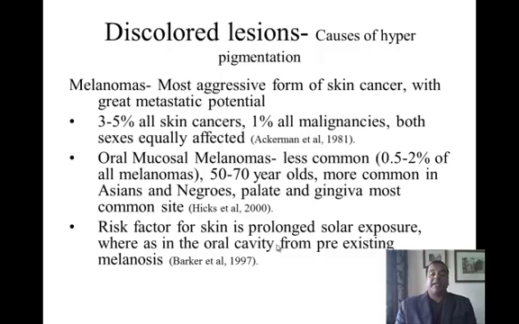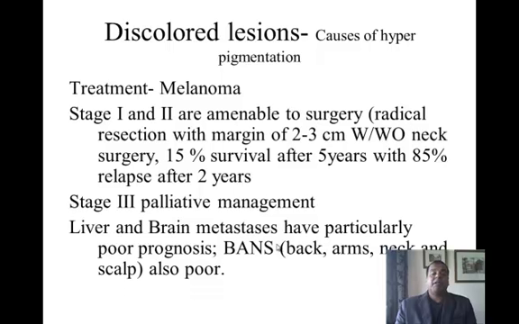Palate and gingiva are the most common sites. Risk factor for skin is prolonged solar exposure, and quite common in places like Australia and New Zealand, whereas in the oral cavity it's from a pre-existing melanosis.